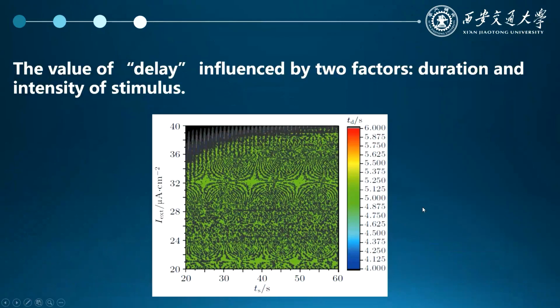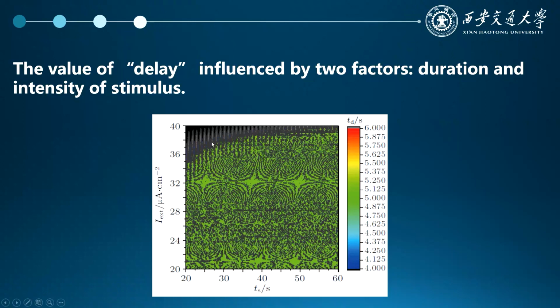We talked about the delay influenced by duration and intensity separately. And here I will show you the delay influenced by the two factors simultaneously. The diagram shows that delay is jointly influenced by these two factors.